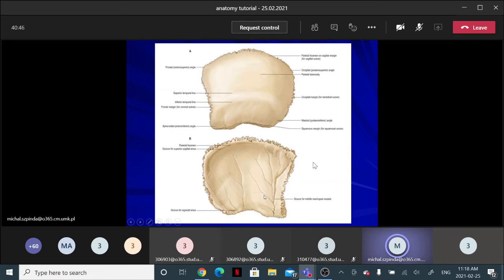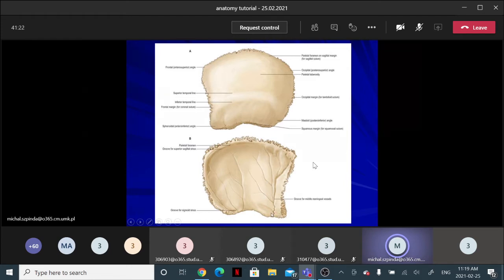Such trees are caused by meningeal arteries. This is the sulcus of the middle meningeal artery, and here passes in parallel the sulcus for the posterior branch of the middle meningeal artery.